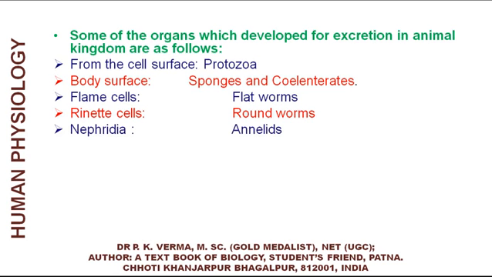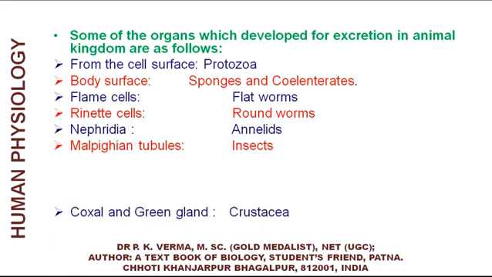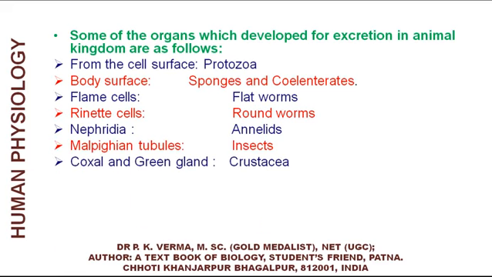In annelids, a higher type of organization developed and they formed nephridia. In earthworm, it is present in large number, but in Hirudinaria there are a counted number of nephridia in different species. In arthropoda, malpighian tubules are present, especially in insects, but in crustaceans, special coxal and green glands are formed.